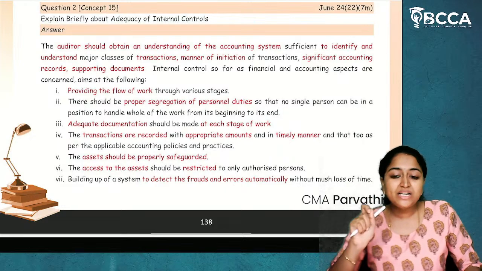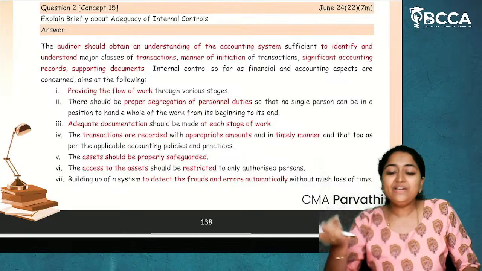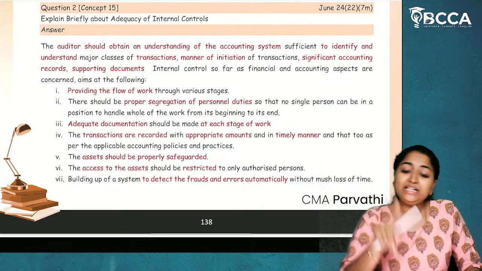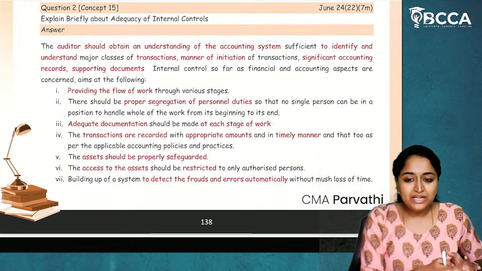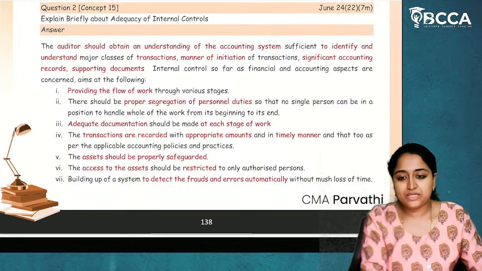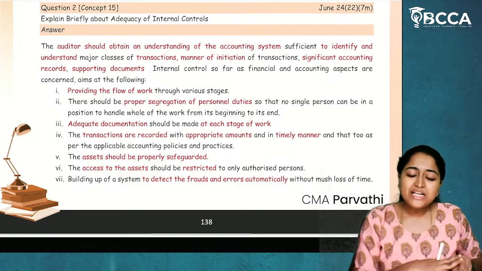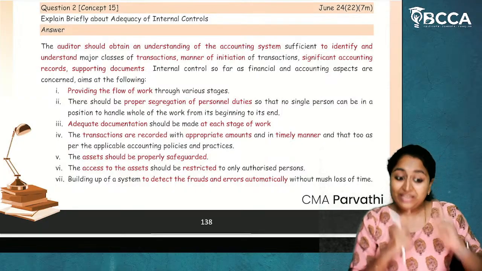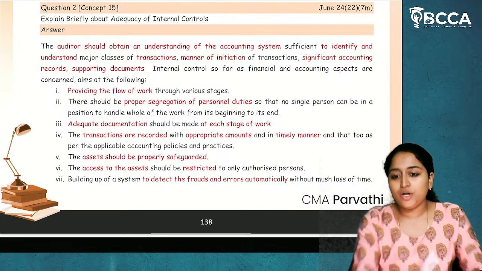Now what are they telling? Whoever the internal auditor is, he will come and check the internal controls of the organization, which means management are already building some steps to mitigate the risk. For that purpose itself, management have a doubt whether the steps they have built are enough for the organization.